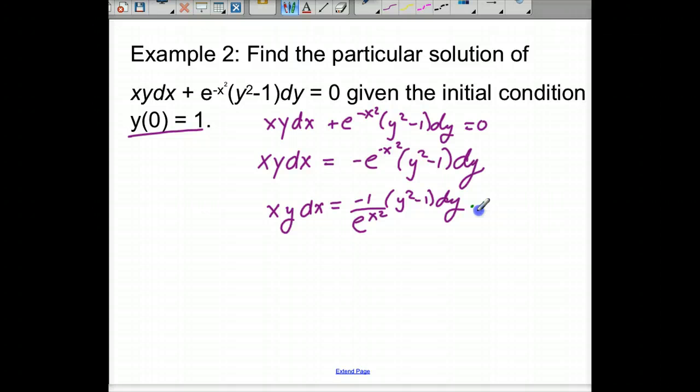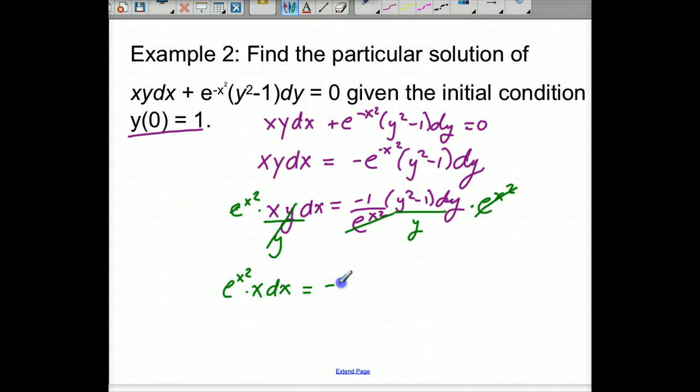So I'm going to multiply both sides by e to the x squared and divide both sides by y. So then the e to the x squareds cancel and the y's cancel. So I have e to the x squared times x dx equals negative y squared minus 1 over y dy.